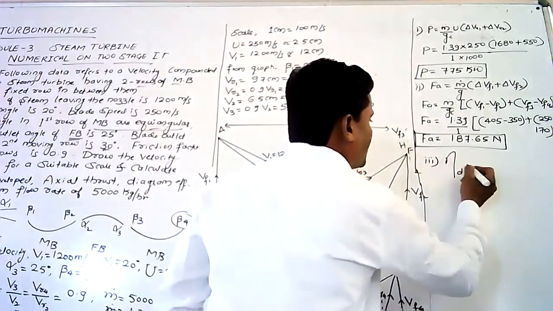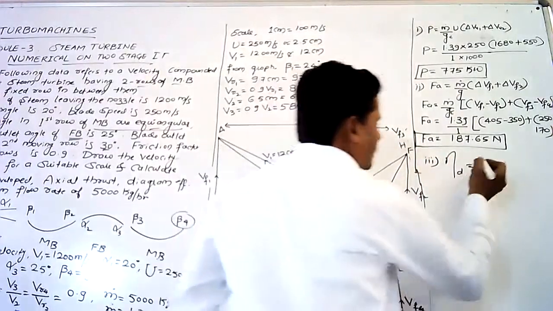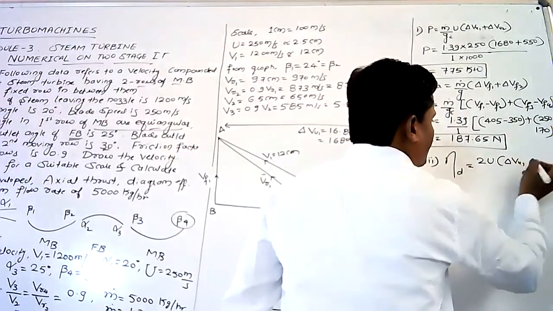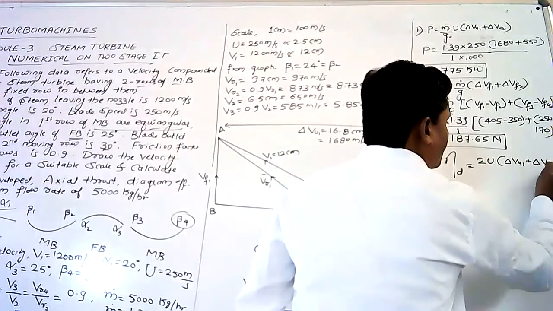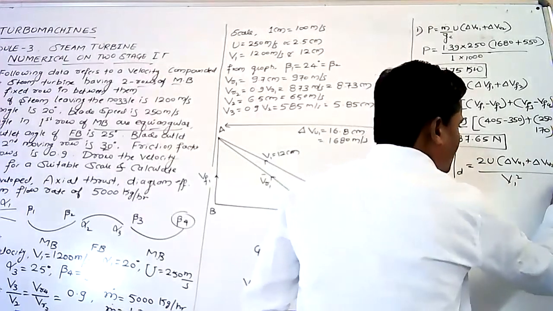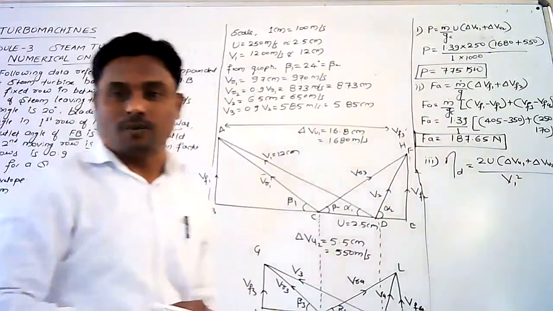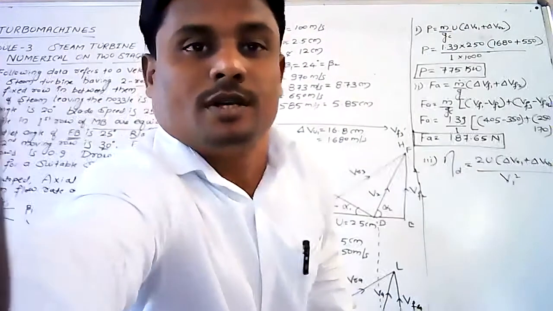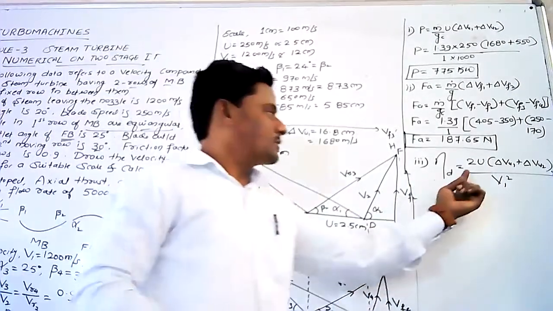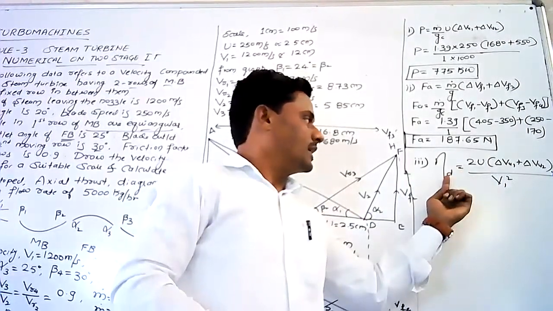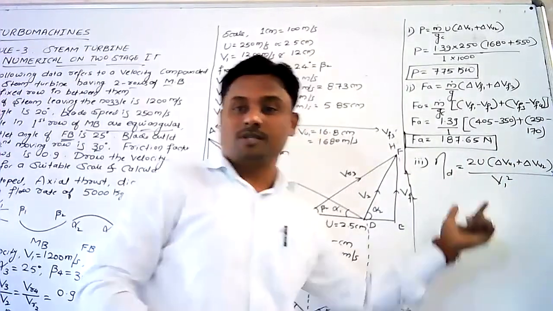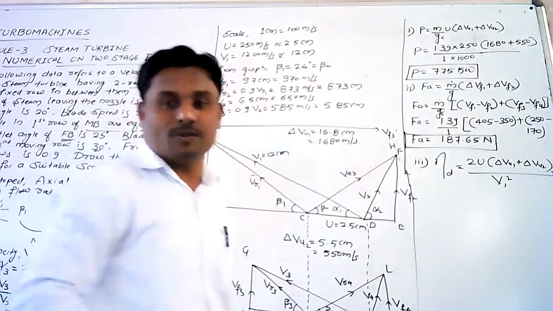Diagram efficiency eta D is given by the formula 2u into delta VU1 plus delta VU2 divided by V1 square, and of course we can multiply by 100 to get the efficiency in percentage. This is the formula for getting the value of efficiency.